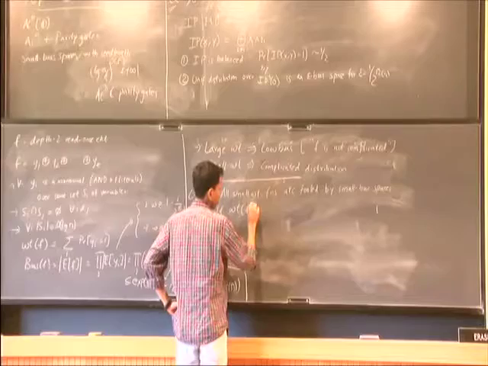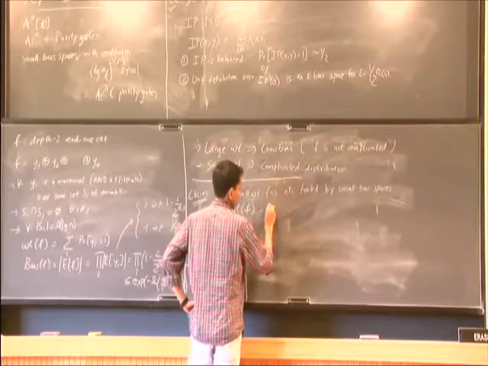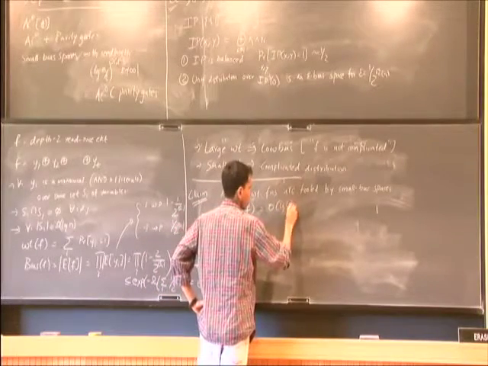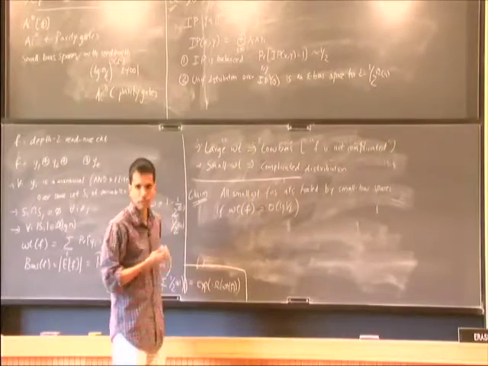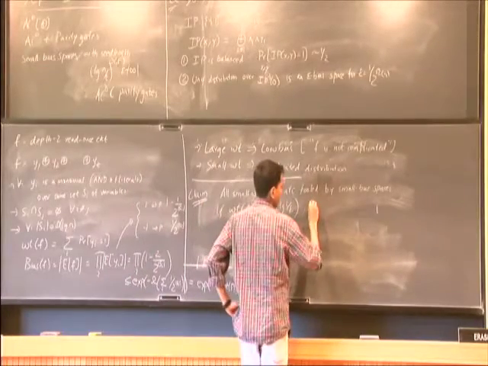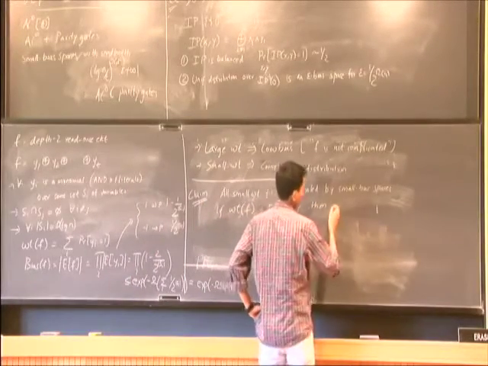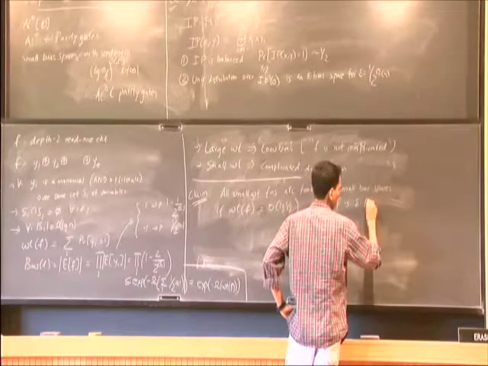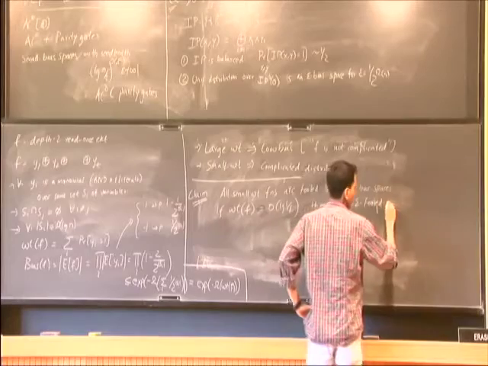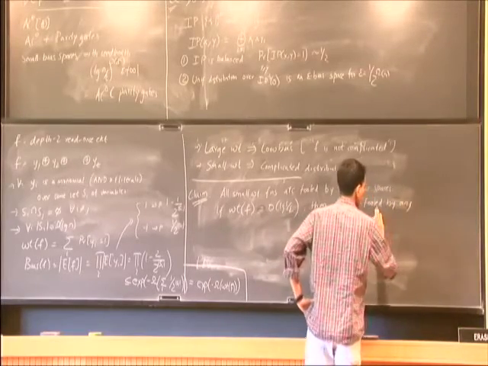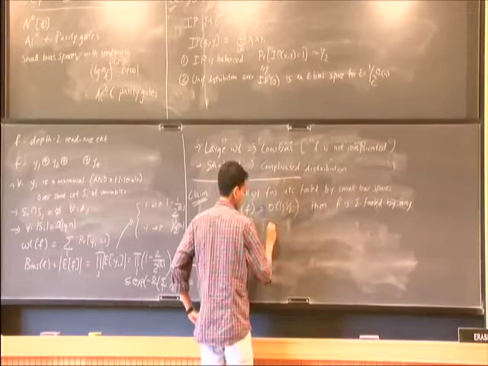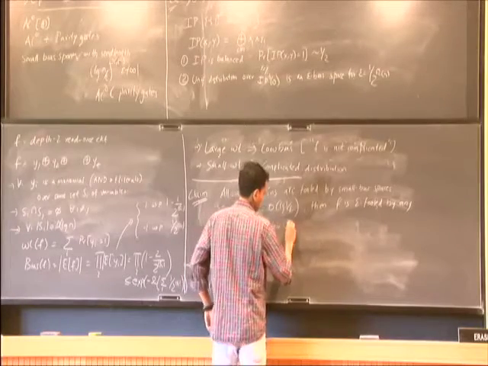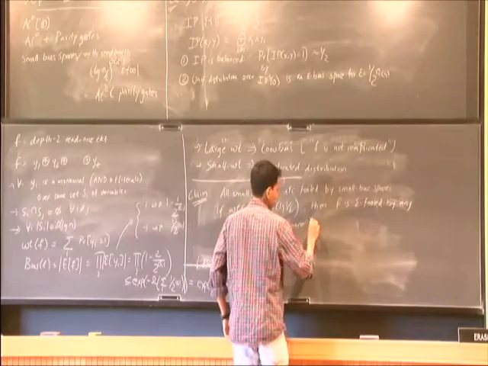If the weight of the function is, let's say, order log 1 over epsilon, this is what we'll mean by small weight, then f is epsilon-fooled by any delta bias space, where delta is not too small.